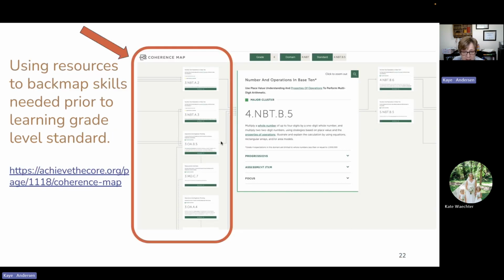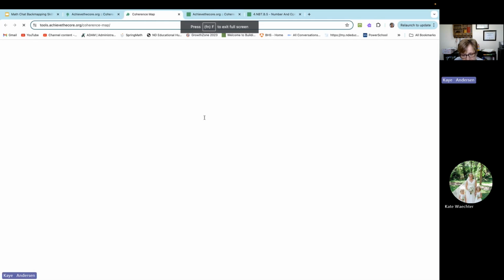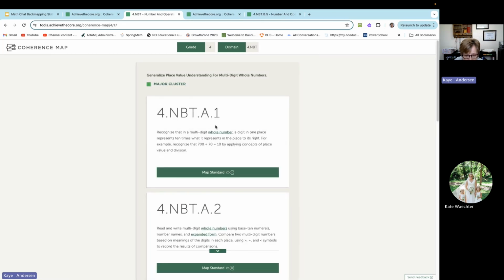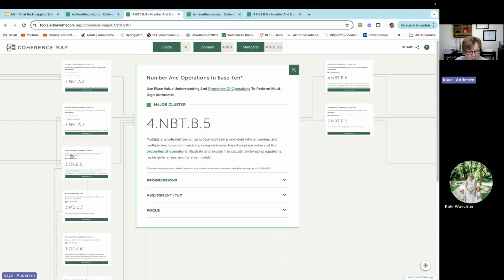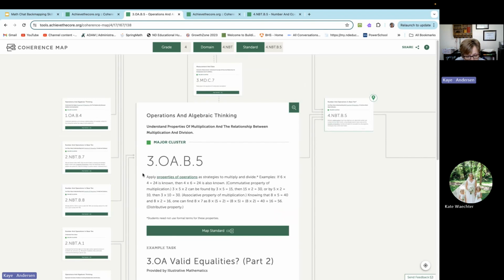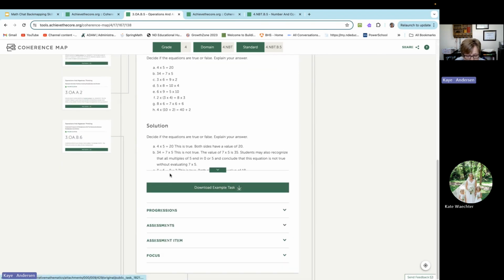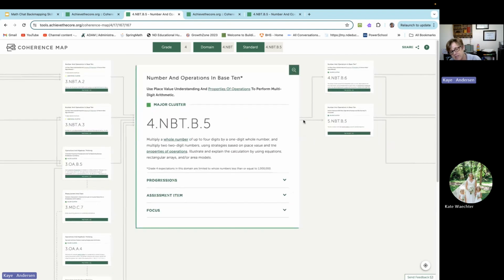If we go back to that coherence mapping, when we're within the coherence map, and it will tell me when I go to my standard, it will list standards that have occurred before mine. So when I click on the NBT 5, and I look at these standards that occur off to the left, it shows me what standards come before the standard that I'm dealing with, and how they support standard NBT 5.